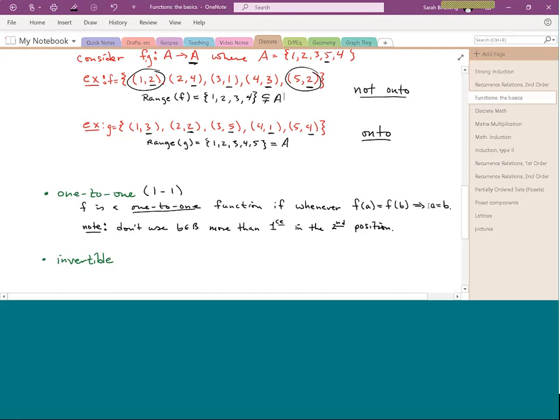But do their first positions match? And the answer here is no, their first positions don't match. So this guy turns out to be not one-to-one. Okay? Now, in this second example, notice all of our second positions are different. So you never get into this situation where you've got two guys that are same where the first positions are different. So you're good to go. This guy is both one-to-one and onto.